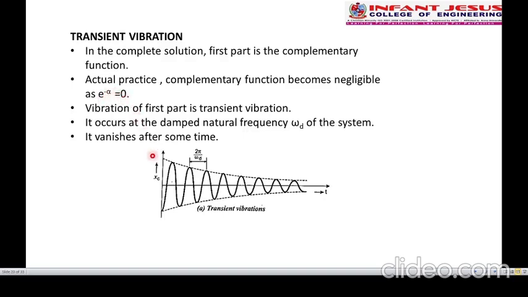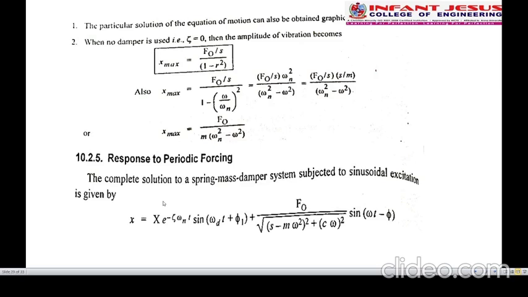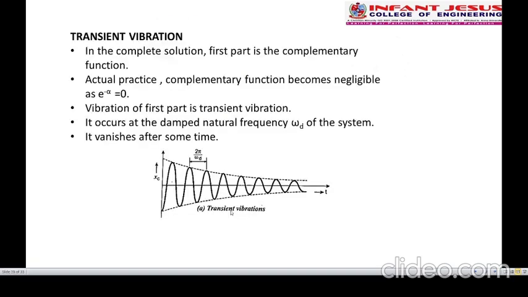So the first part of the vibration is called the transient vibration. This occurs at the damped natural frequency omega d of the system.